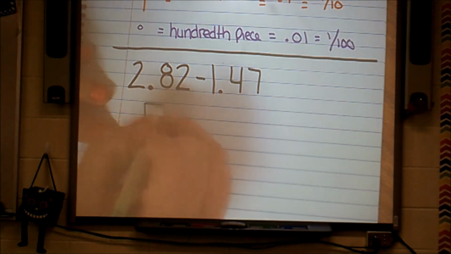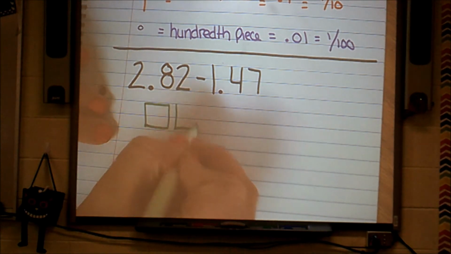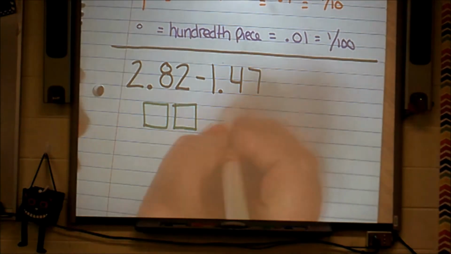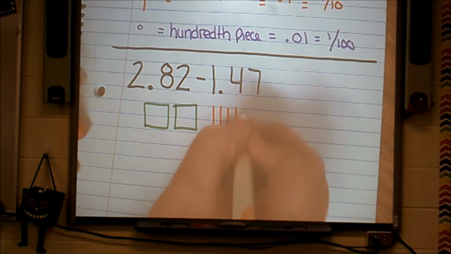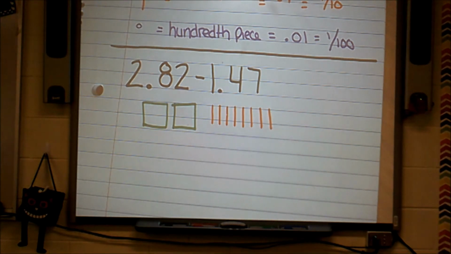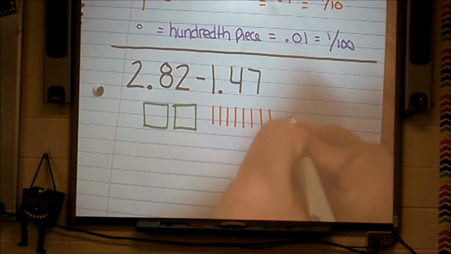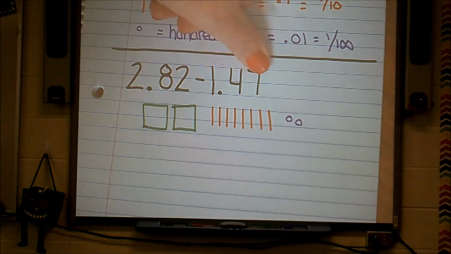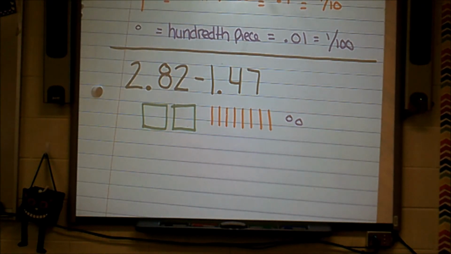I start with $2. Now because I'm subtracting, I'm going to be crossing out $1.47.